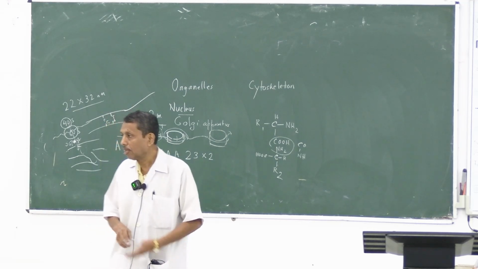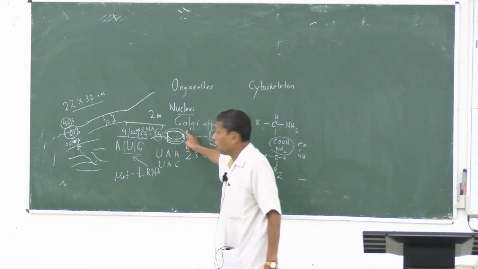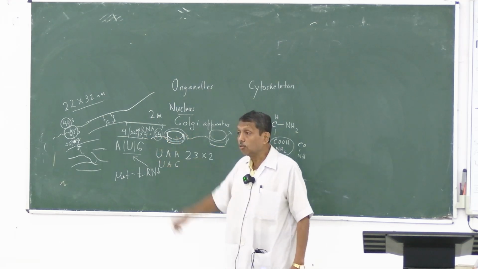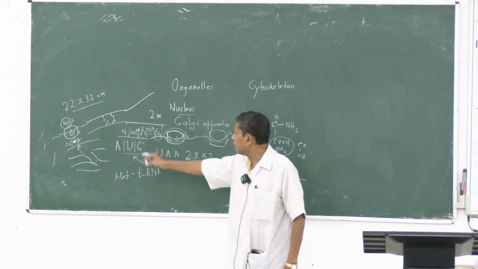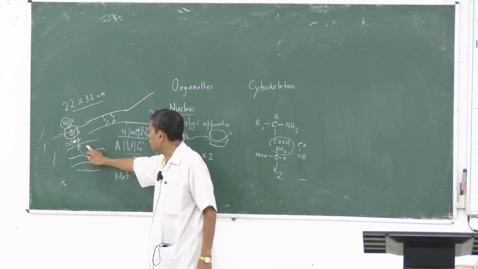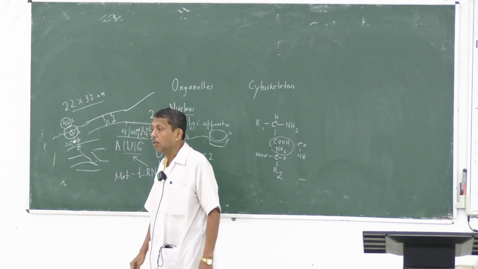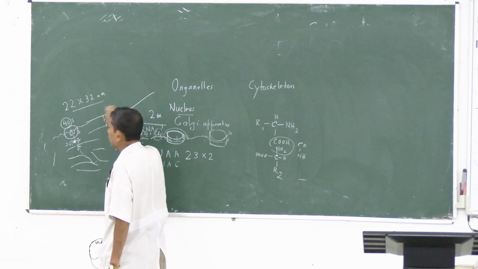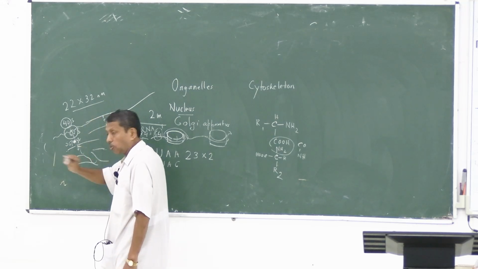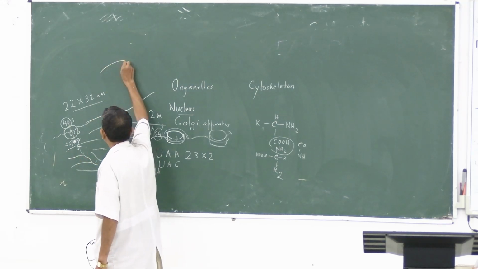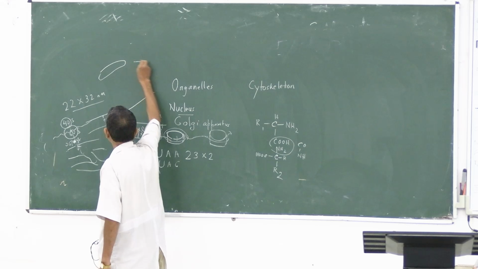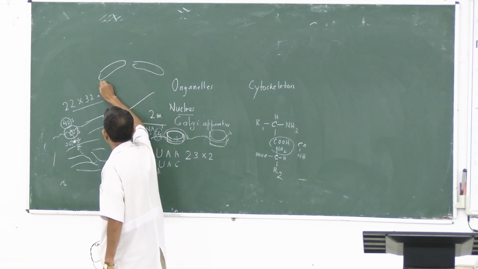Ribosomal RNA. Now the Golgi apparatus. The Golgi apparatus is present near the nucleus, and this endoplasmic reticulum has continuation with the nuclear membrane. In every cell there is a single membrane, of course doubles. In the case of the nucleus, you will see this type of membrane.